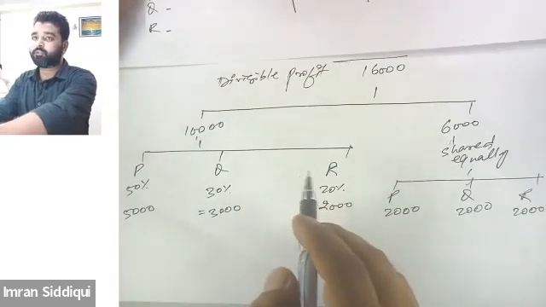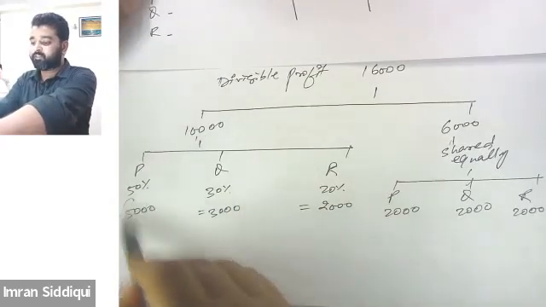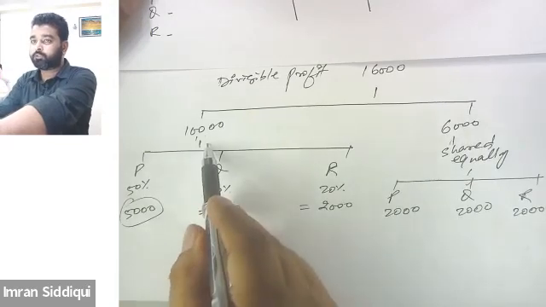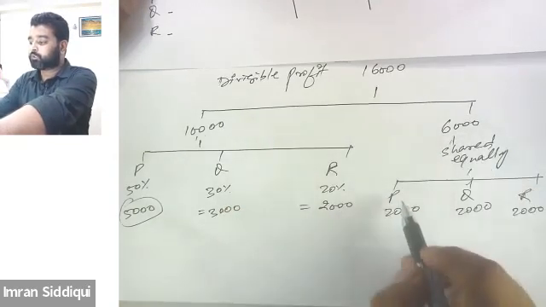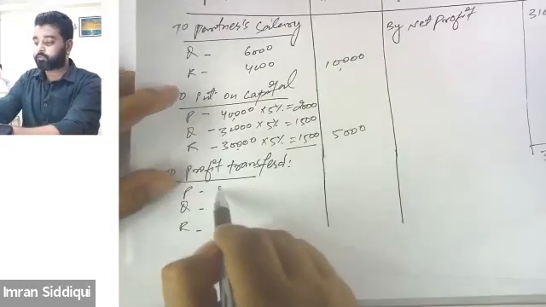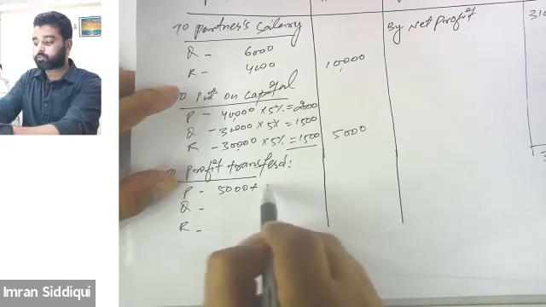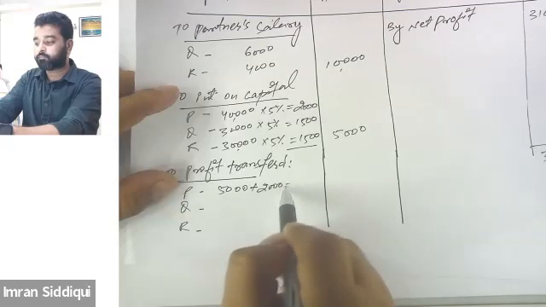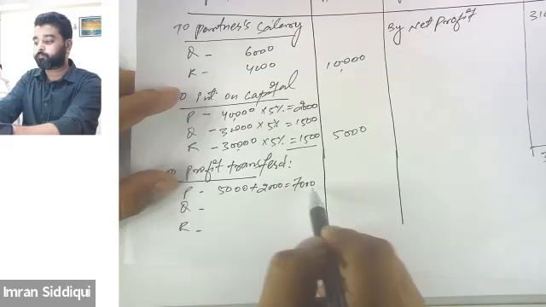In P's account, 5,000 will be transferred out of the 10,000, and from the remaining 6,000, 2,000 more will be transferred. That means 5,000 plus 2,000, that is 7,000 will be transferred to P.